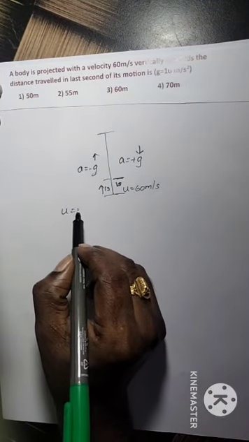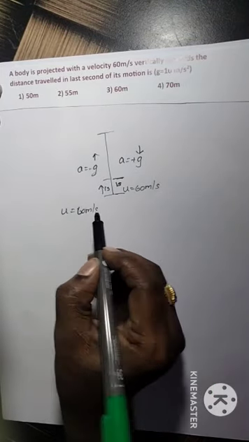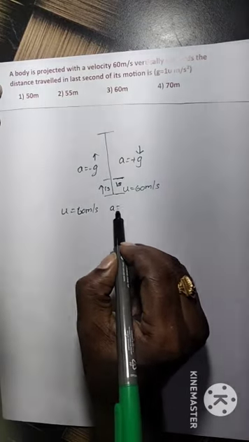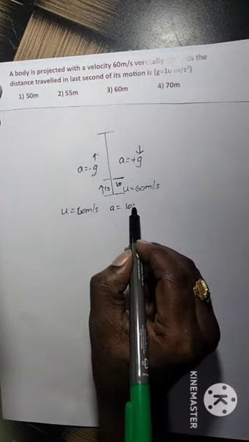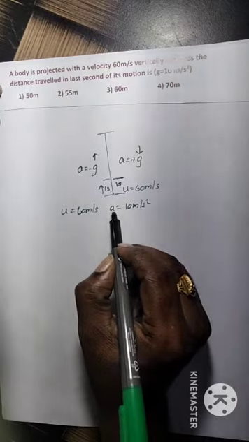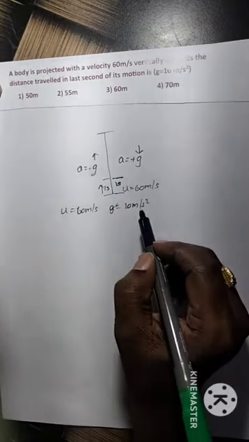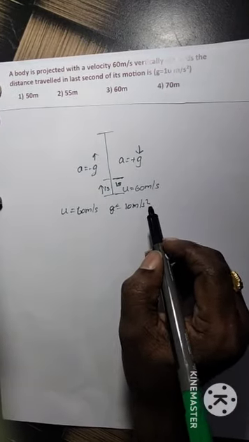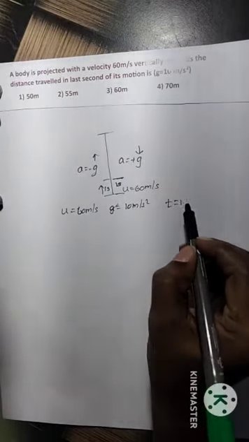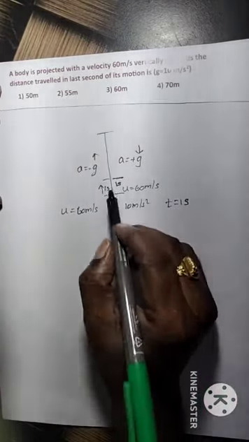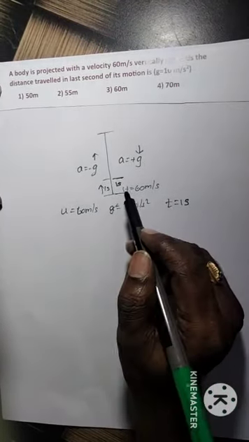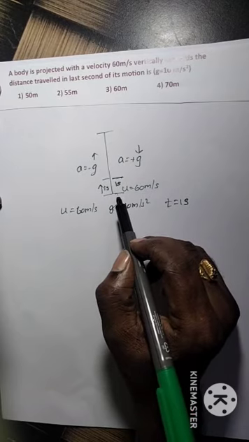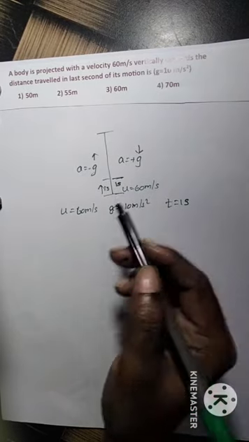Initial velocity u is equal to 60 meter per second, and acceleration a is equal to 10 meter per second square, that is nothing but g only. So g is equal to 10 meter per second square, that is acceleration due to gravity. And the time taken, we are going to check for 1 second, right? So in 1 second, what is the distance traveled in the last second of its downward journey.